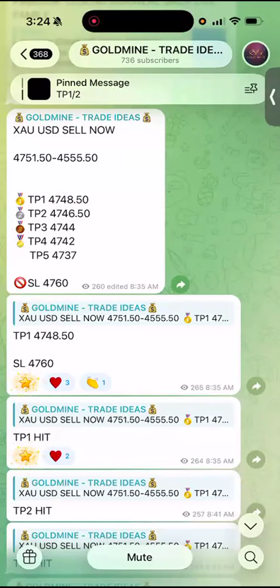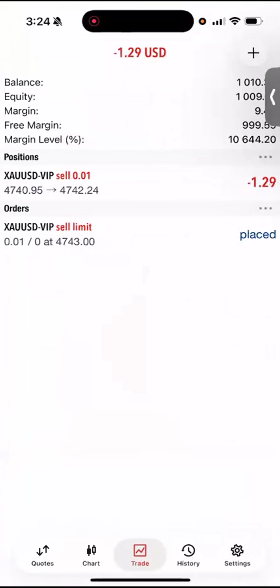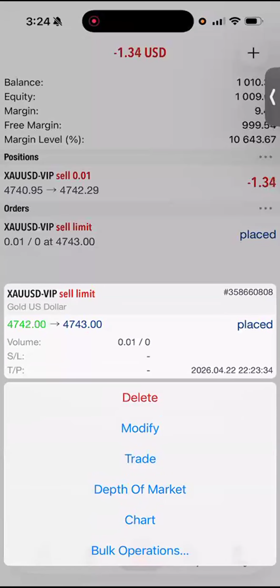Now, I said something that you can't copy more than one SL and TP per trade. If you notice right now, I only have space for just one SL and one TP. I don't have space for more than one, right?